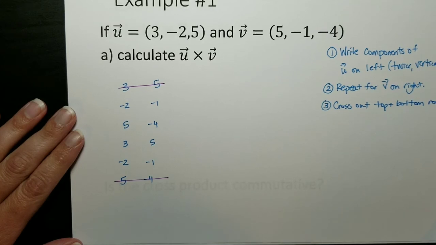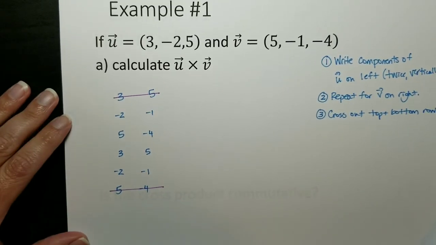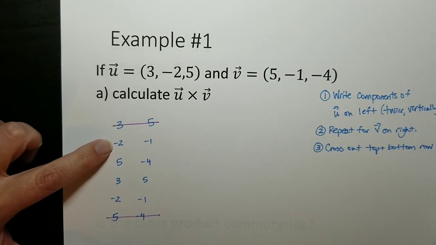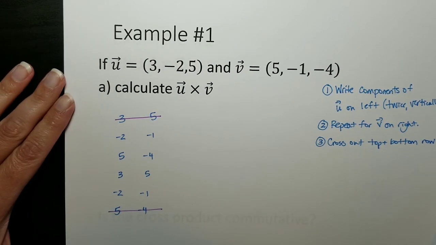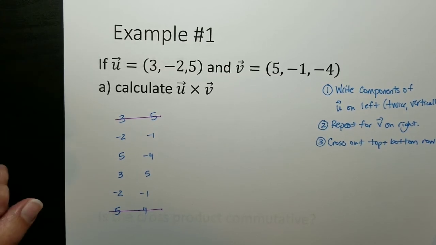Now, every year I have people say, why do you write them down if you don't need them? Why don't you just start with the second component? And I actually don't know, and it does seem kind of silly to me. The only answer I can think of is that in 1996, when my grade 12 teacher taught me how to do this, this is how he did it.